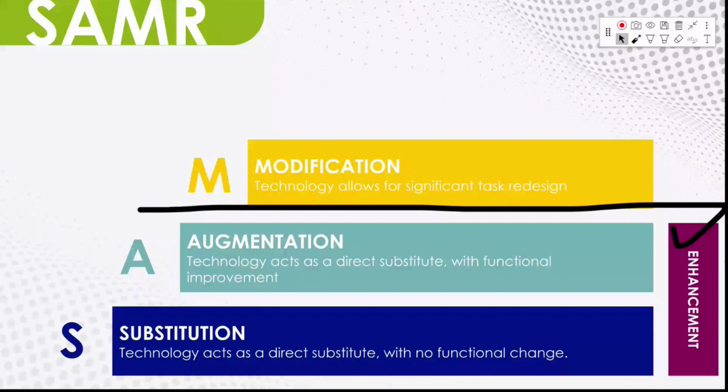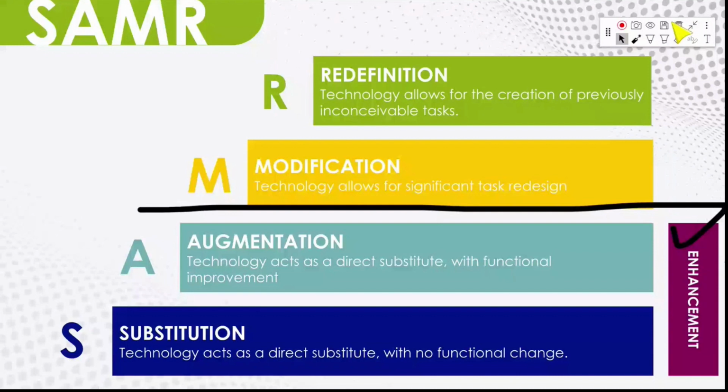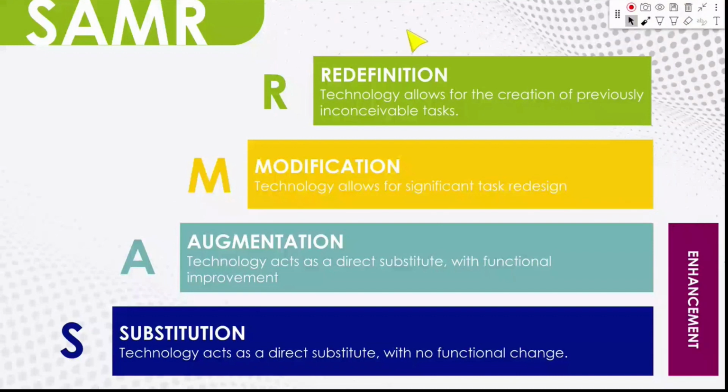But modification is about things that could not happen if we were not using technology. Then lastly, redefinition, and this is where things get really interesting: now we allow for the creation of things that we wouldn't have even thought of before we used technology.